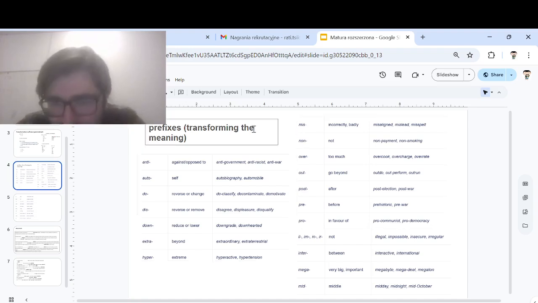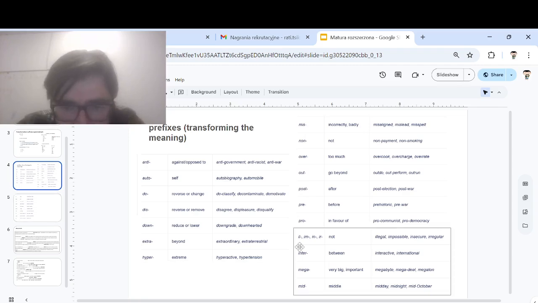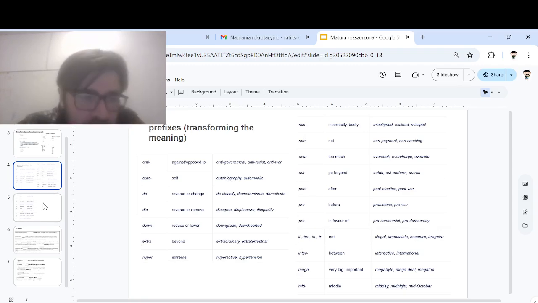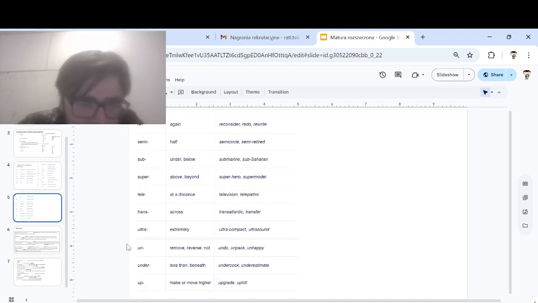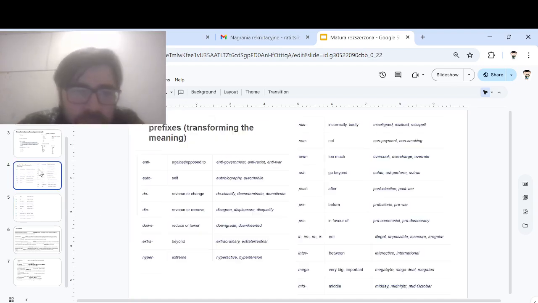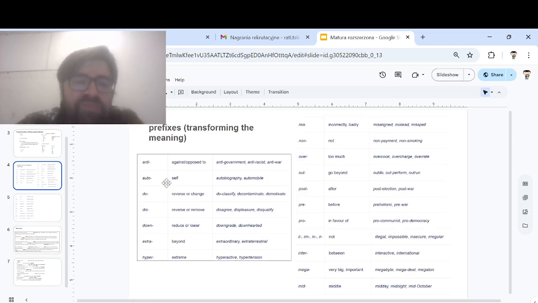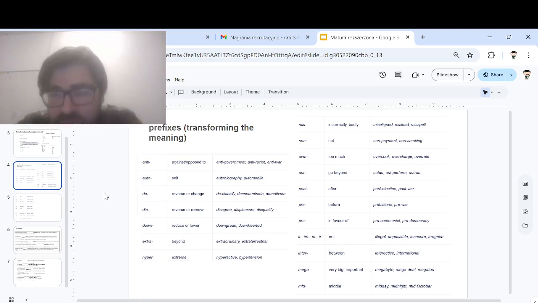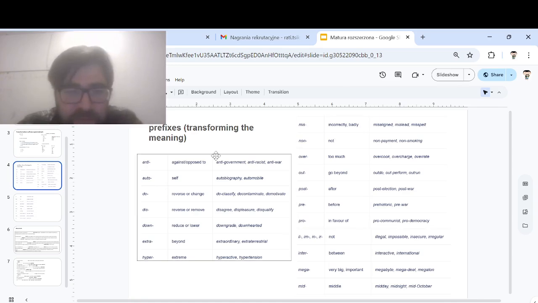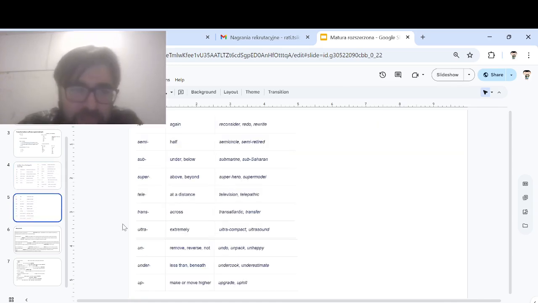Non, also inter, mega, super. But for example, in, non, ear, or de are something that is different. So we will have to learn these prefixes as well, by first remembering what each prefix means and coming up with a couple of examples of them, right?